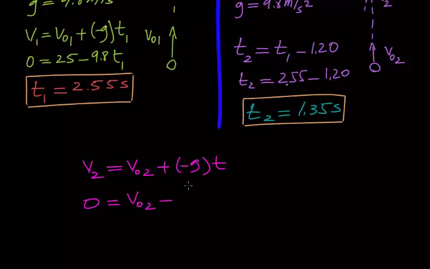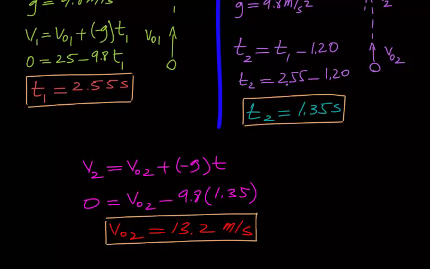That's negative 9.8. The time is 1.35. Solving for v02, we obtain v02 equals 13.2 meters per second. And that's our answer right here.